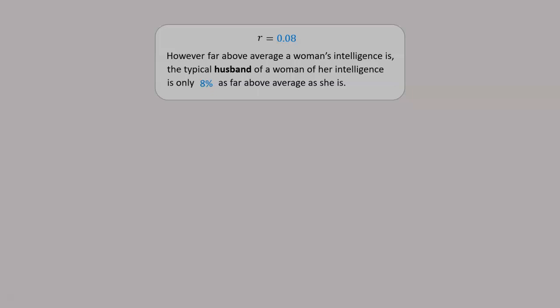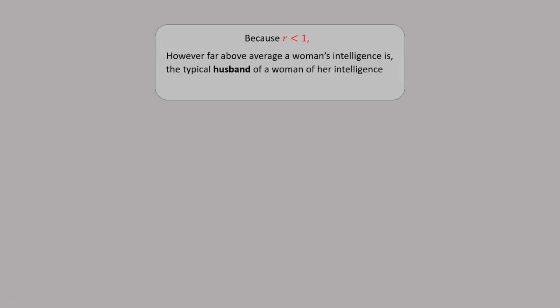And similarly, if r turned out to be much higher, say 0.75, then a typical husband would be only 75% as far above average. The specific numerical value of r doesn't matter. Simply because r is less than 1, it follows that however far above average a woman's intelligence is, the typical husband for a woman of her intelligence is just a fraction as far above average as she is.